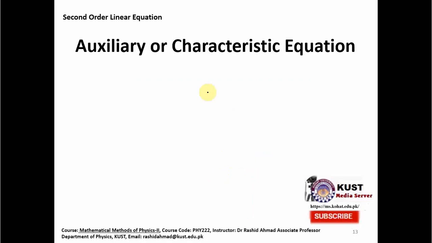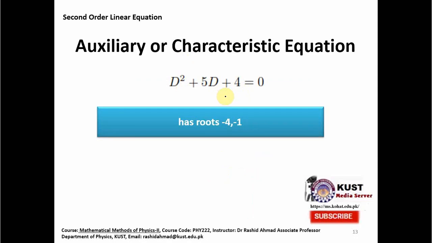Such equations are called the auxiliary or characteristic equation, this one, D squared plus 5D plus 4, and we were able to solve it algebraically and got its roots, that is minus 4 and minus 1.